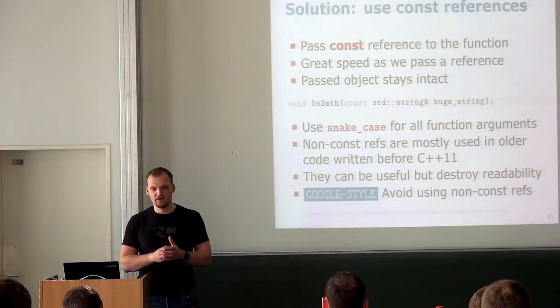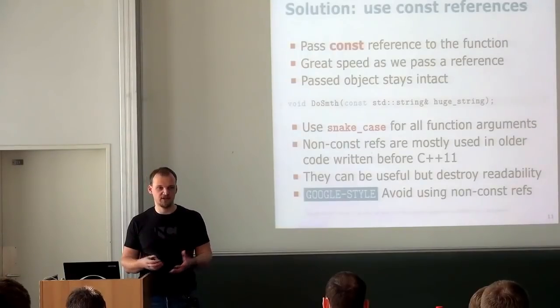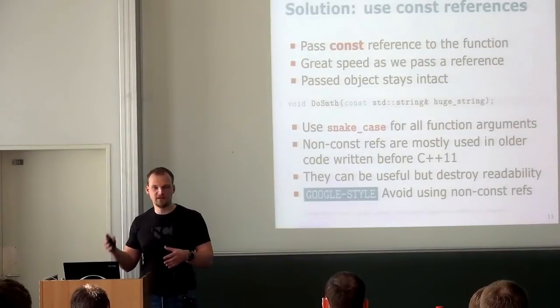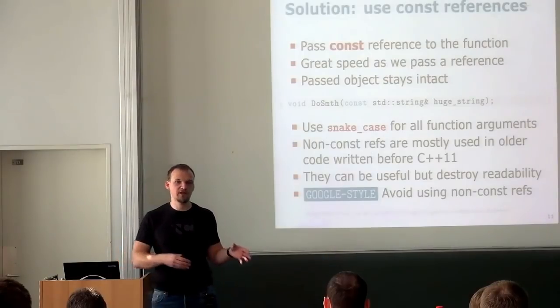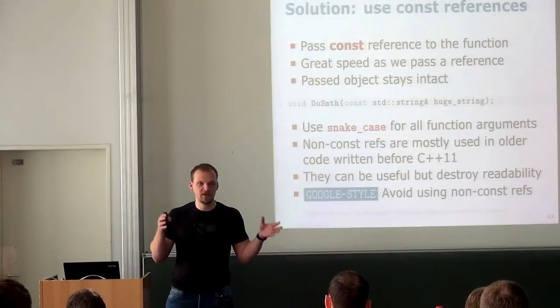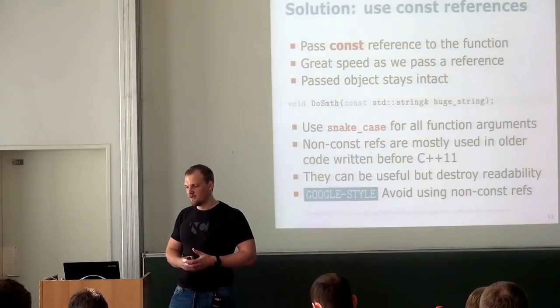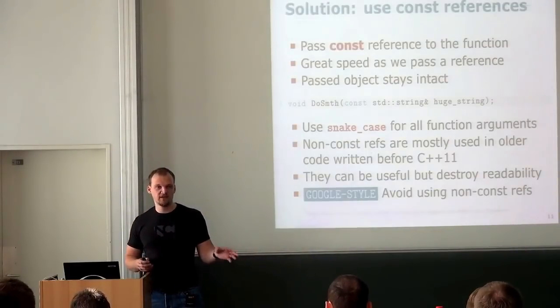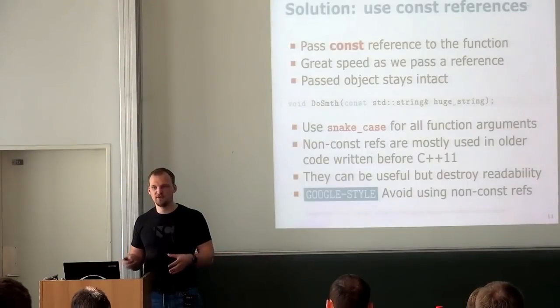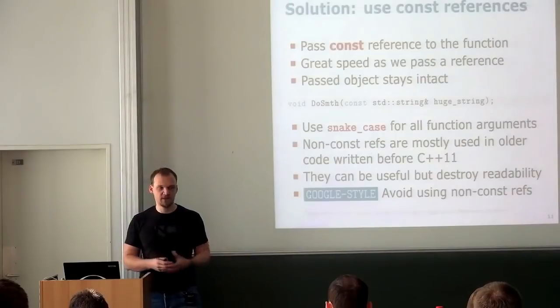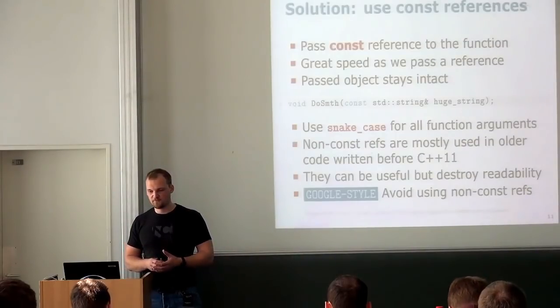So that's why I'm not even teaching it here. There will be a lecture how to deal with C++ that was before C++11, and we're going to talk about it there. But if you see it, don't get scared. Like if you see some other code that comes to you and you need to work with it, don't get scared. It still works in the way that I explained, but don't use it.